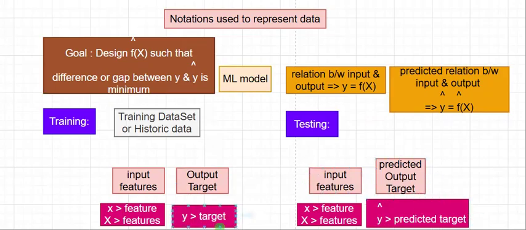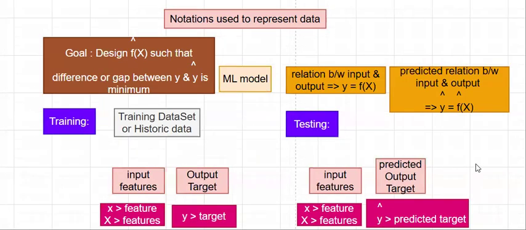The target that we predicted must be the same as the actual target. Like that, we need to predict the output as accurately as possible by using our ML model. In that way, we need to design or select our ML model. This is the main goal.